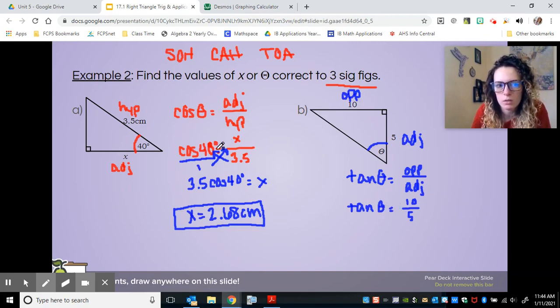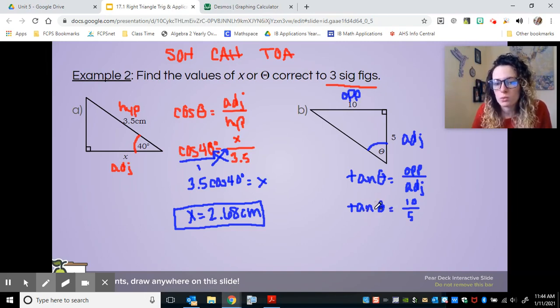So unlike part A, where I could just cross multiply and solve, in part B, since we're looking for the angle, what we're going to have to do is use what's called inverse tangent. There's also inverse sine and inverse cosine. If you look on your calculator or in the Desmos functions applications, you'll see, in this case, tangent to the -1.